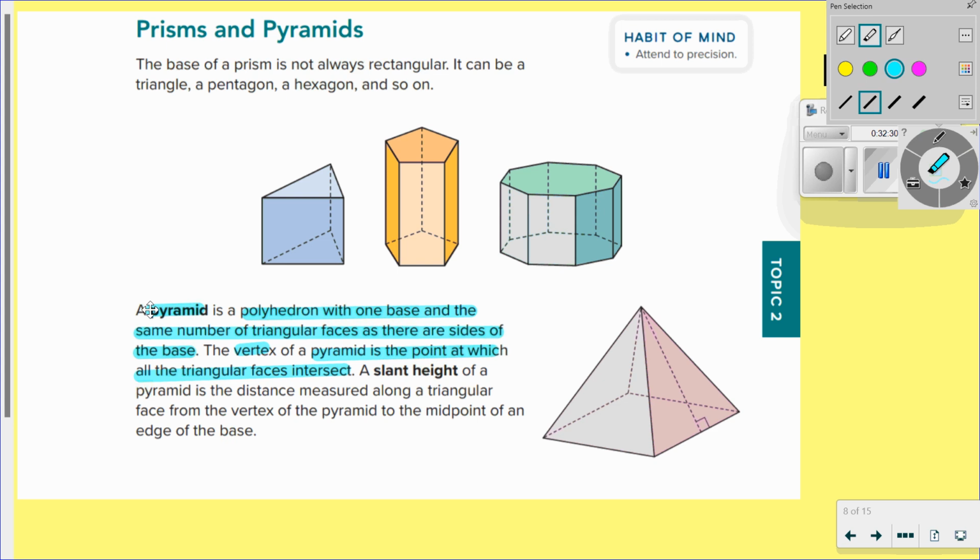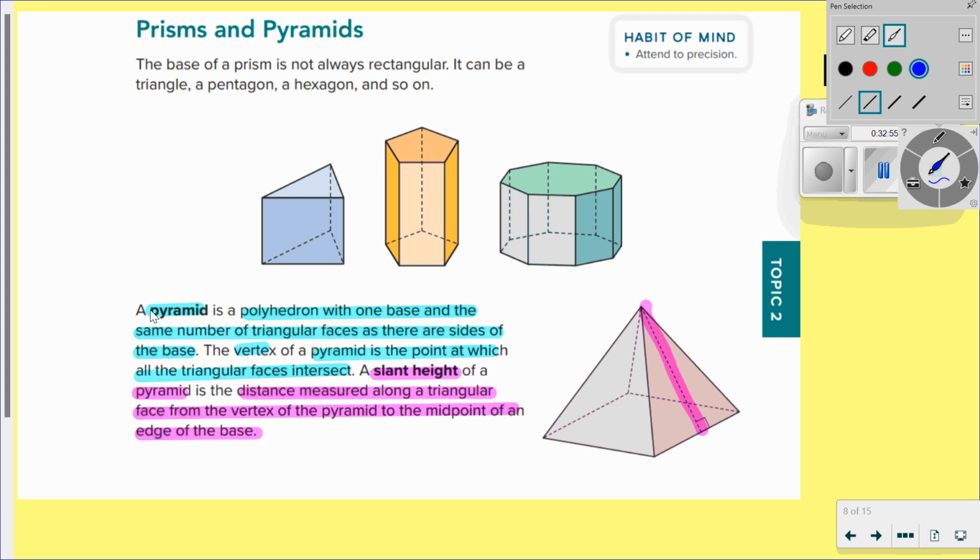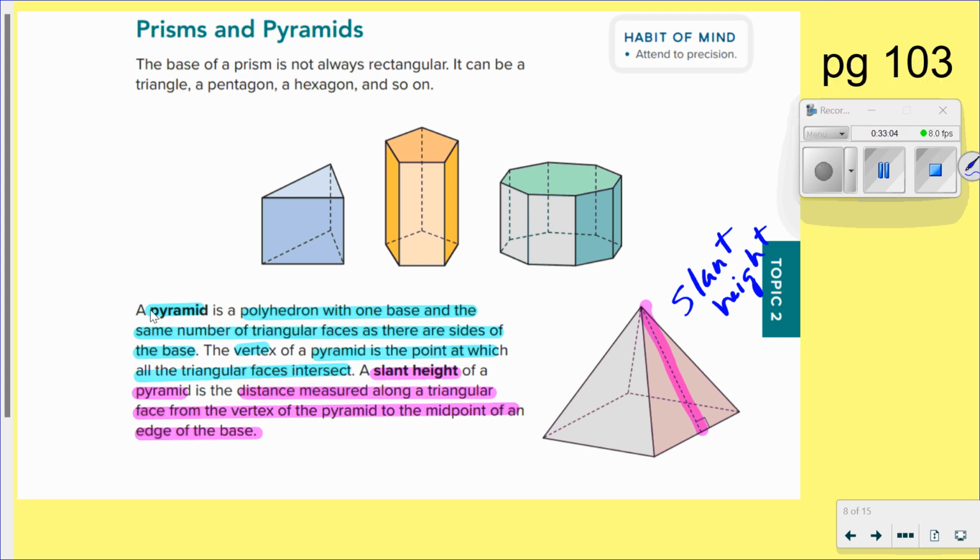We also have another definition called a slant height. The slant height of a pyramid is the distance measured along a triangular face from the vertex of the pyramid to the midpoint of an edge of the base. So what we're talking about, the slant height would be this line right here. So this is the slant height. We figure this one out because that gives us the height of the triangles that are on the side.